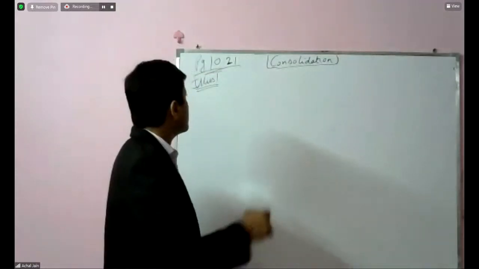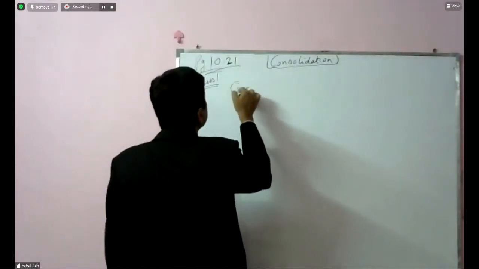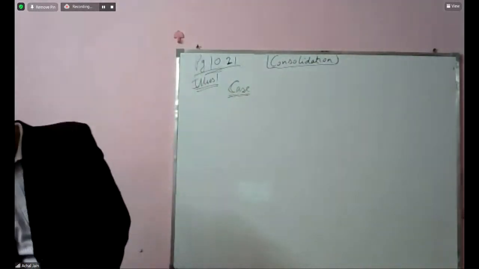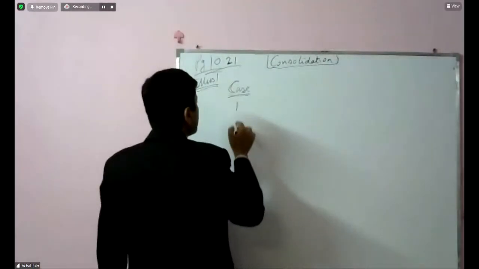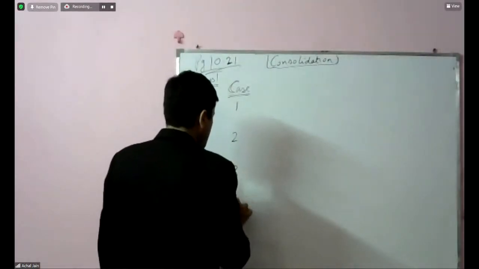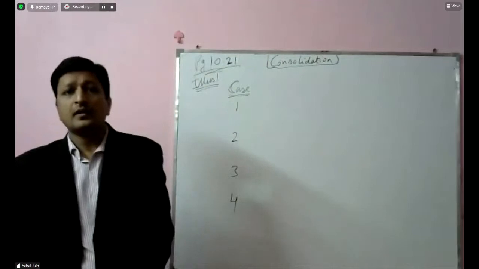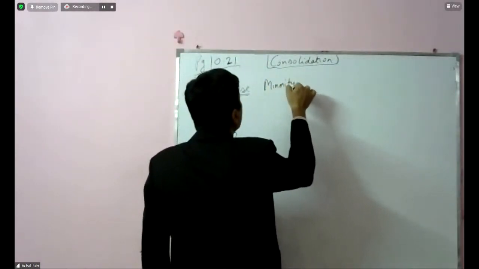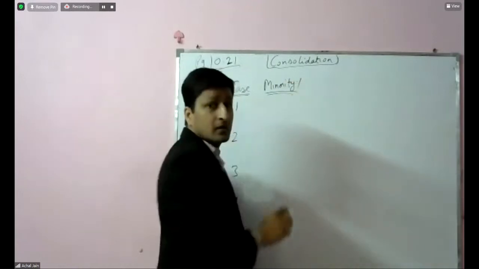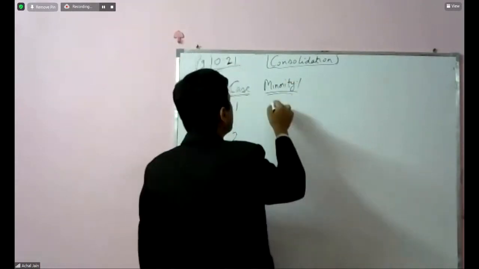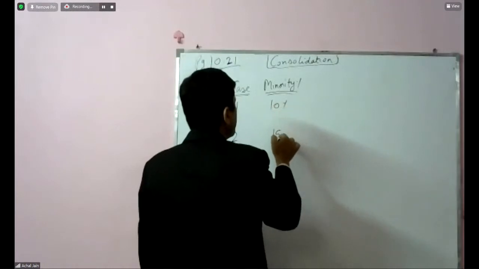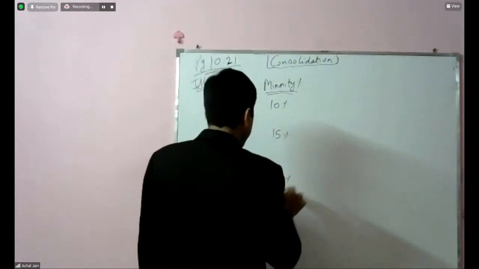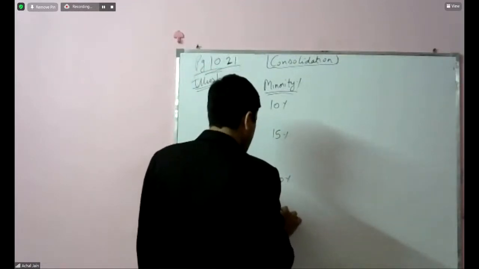So we have case scenarios, Case 1, 2, 3, 4. Minority percent: 10%, 15%, the third one is 20%, the fourth one is nil.